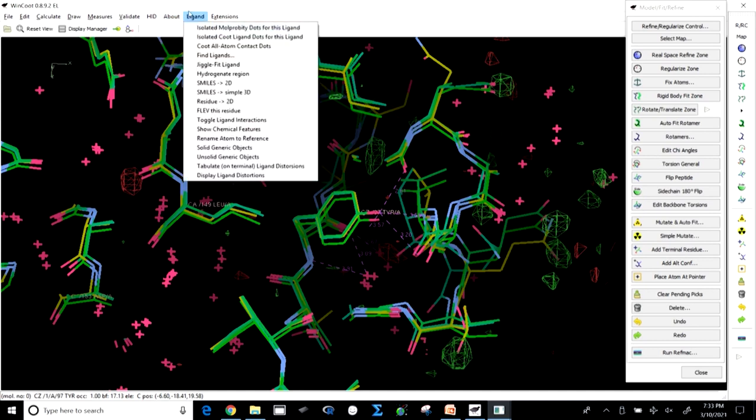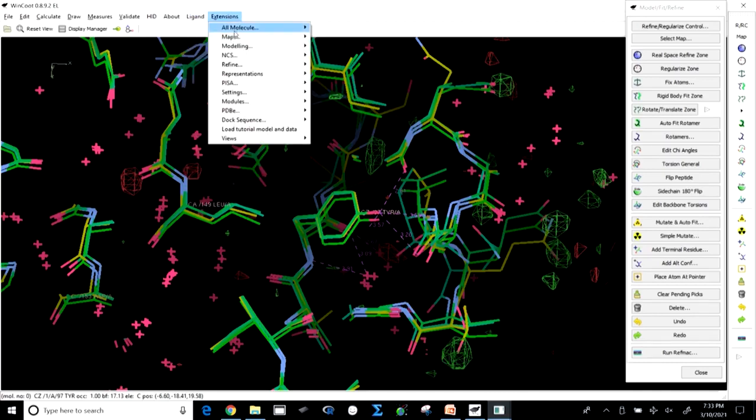You could work with ligands, you could isolate molprobity dots for the ligand, isolate Coot ligand dots, isolate Coot all atom contact dots, you could find new ligands, you could Ziegel fit ligand, and all those formats you could do.